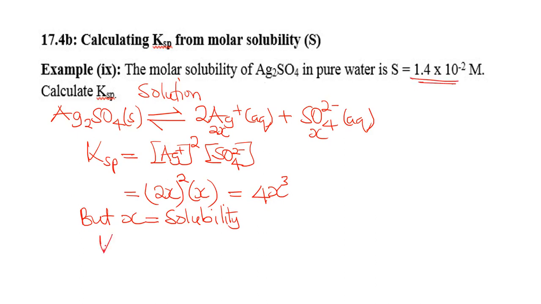So the KSP is equal to 4 times 1.4 times 10 to the power negative 2, but this one is cubed. So when you do the math, you find that the KSP is equal to 1.1 times 10 to the power negative 5.